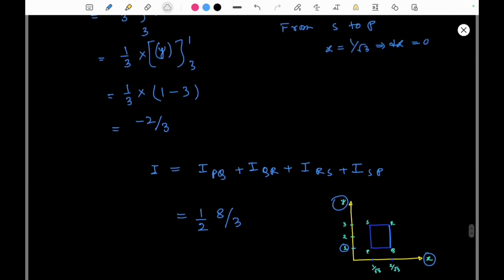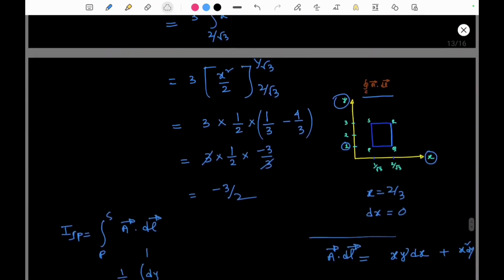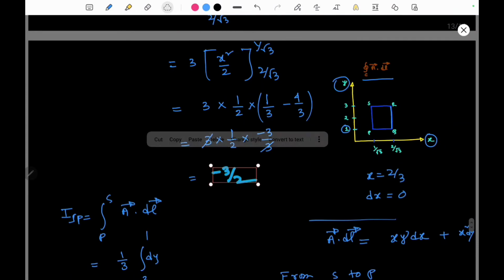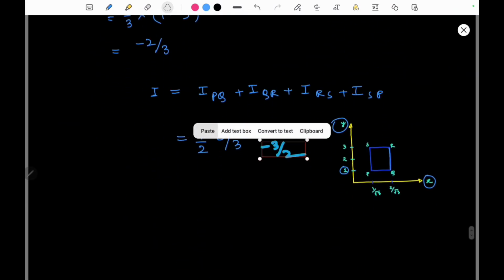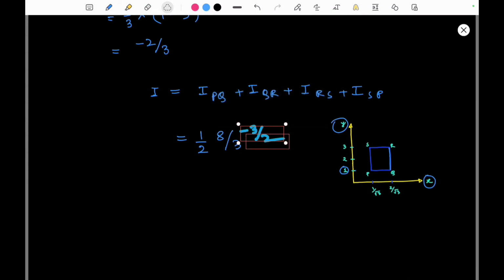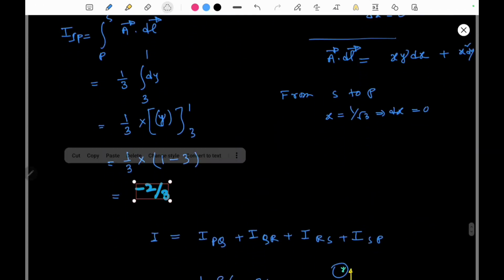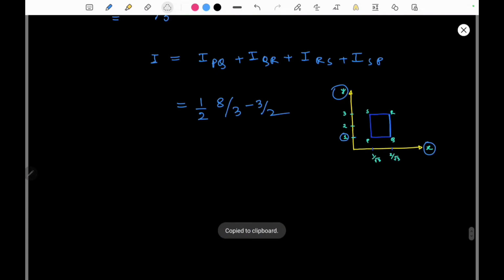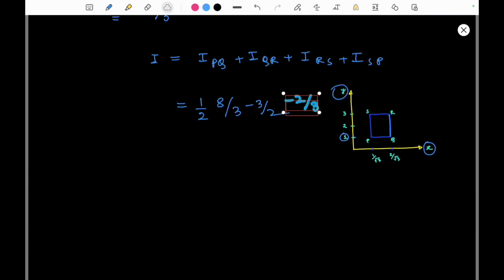Okay, now throughout the line RS, here we got minus 3 by 2. Paste it. Now throughout the line SP, copy, paste. Here it will be the plus sign.